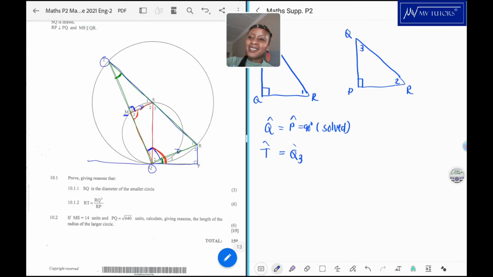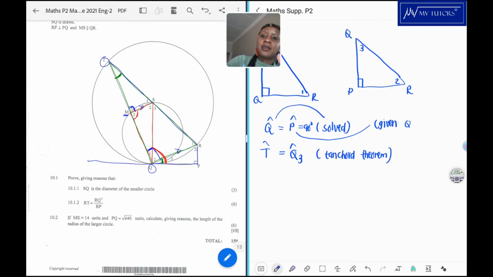So yes, T is equal to Q3, and that is due to the tan-chord theorem. Okay, so actually, I should have said Q, that one we solved. P, that one was given, because QP is perpendicular to PR. Yeah, I mean, this is 6 marks. You want to make sure you're putting in things there. All right.